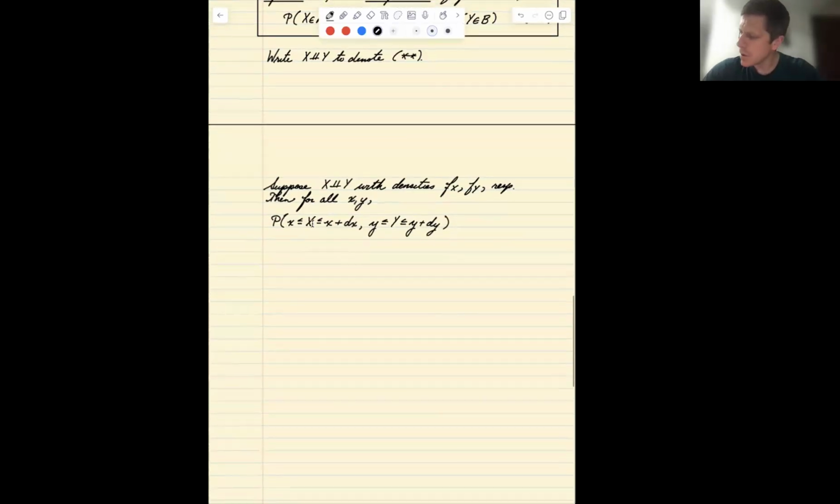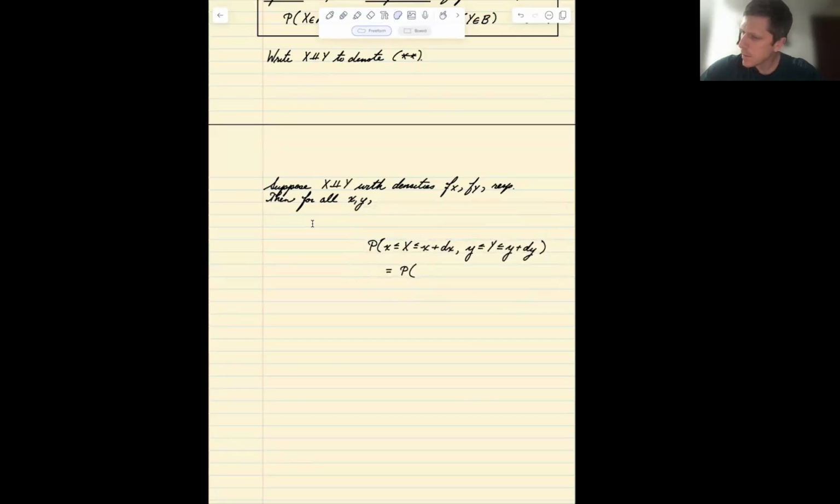Well, we've played this game before, and we know that on the one hand, this is how we can think of the joint density of X and Y. And on the other hand, we know by independence, this is the probability that X falls within dx of little x times the probability that Y does.